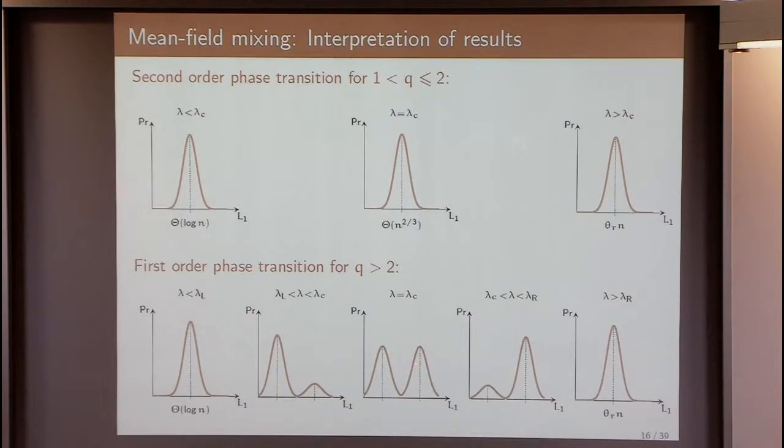But in a close neighborhood around this critical point, we see that these two modes are still present in the form of a second local maximum of this probability mass. And the states that are here are the so-called metastable states that trap the Markov chain. So if you start the Markov chain from there, the Markov chain cannot leave that state in a polynomial number of steps. And this is why we can show that the mixing time between lambda L and lambda R is exponential.